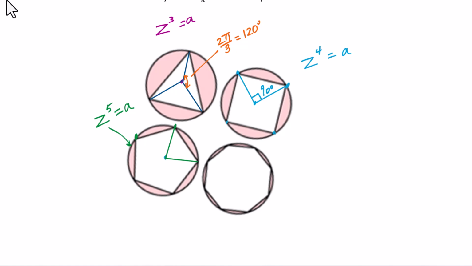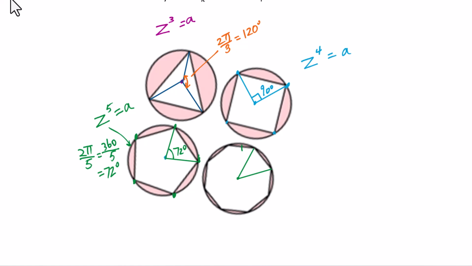All the points on this regular polygon will be the roots of z to the fifth power equals a. The angle between two subsequent roots will be 2 pi over 5, which is 360 divided by 5 equals 72 degrees.